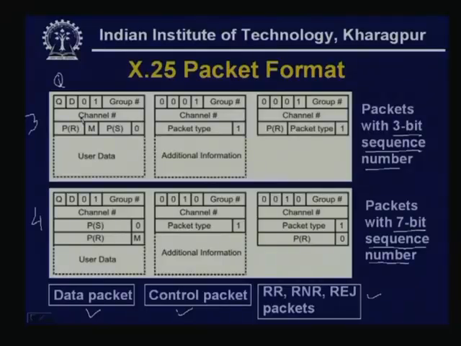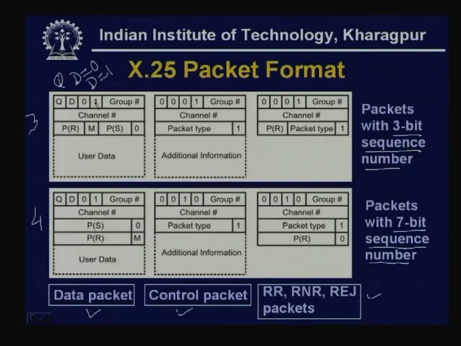That is specified by D. Whenever D is equal to 0, it is essentially between two adjacent nodes, or between the local DCE and the DTE. On the other hand, whenever D is equal to 1, it is used for end-to-end flow and error control. So this bit designates that.